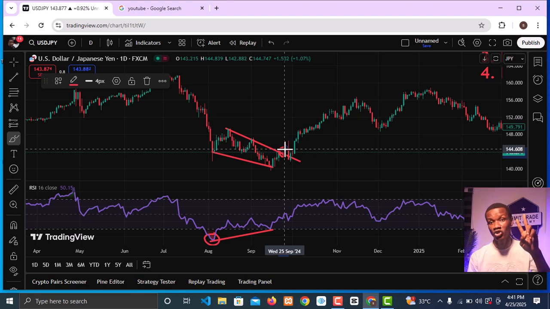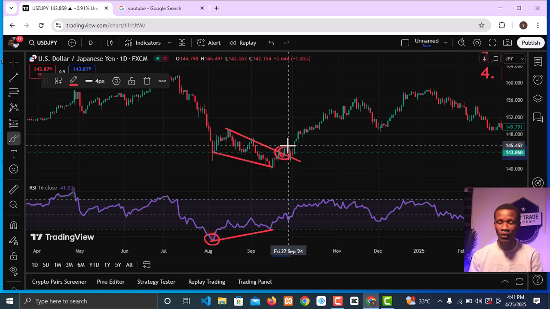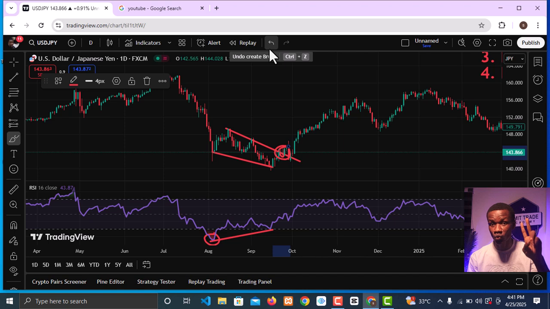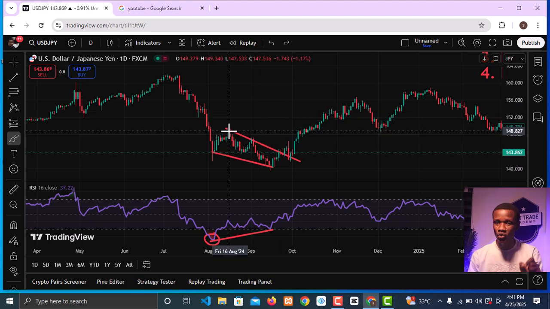That is confirmation number 2. The market should break out of this trend line. Once we see a breakout, our confirmation number 2 has been made, and we look for confirmation number 3. This is what you need to do to better your entry, which is very important if you want to trade the RSI divergence the right way.